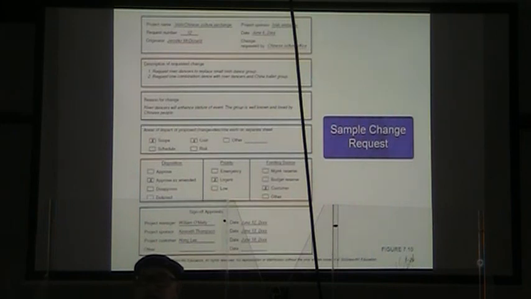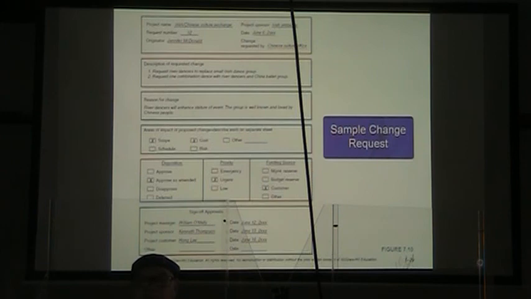That is the Chinese Culture Office in this case. The description of the requested change: request river dancers to replace small Irish dance group. Request one combination dance with river dancers and China ballet group.